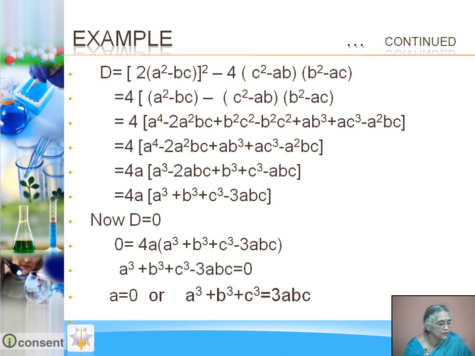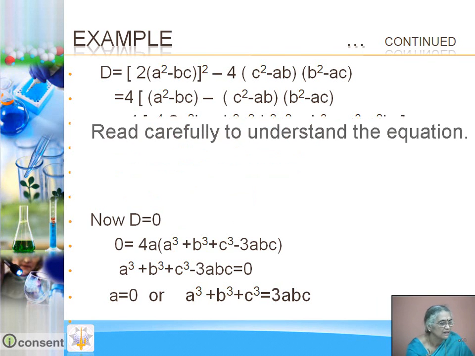As the product of these two terms is 0, either must be 0. So a is 0 or a cube plus b cube plus c cube minus 3abc is 0. That gives you a cube plus b cube plus c cube is equal to 3abc, and hence the proof.